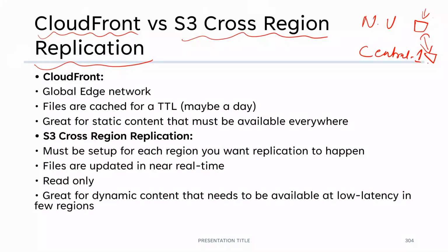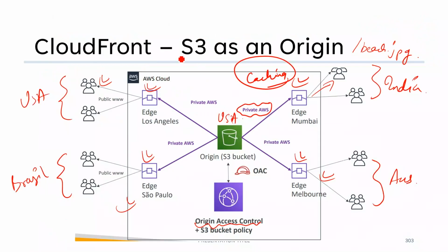So basically you can say, okay, instead of using CloudFront, I'll create separate buckets in each region where my users reside. For example, in this particular diagram, I will create one bucket over here, one bucket over here, one bucket over here, and one bucket over here. And I'm just going to use CRR to replicate my data across all the regions, and my users will be able to fetch from that particular bucket. That is also a possible solution, but do you think it is feasible and cost effective?